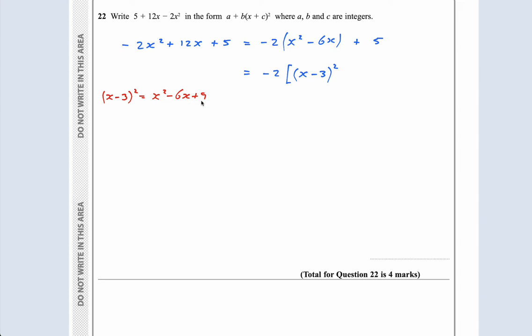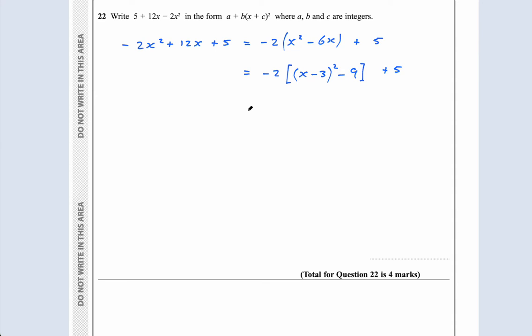But I have a plus 9 here that I've just kind of created out of thin air. So I need to remove that plus 9 by doing minus 9. Close the bracket, and then just add a 5. Essentially, what I have done is I've just turned this into this. This is the exact same thing as this. The minus 2 is also the same, and the plus 5 is the same.